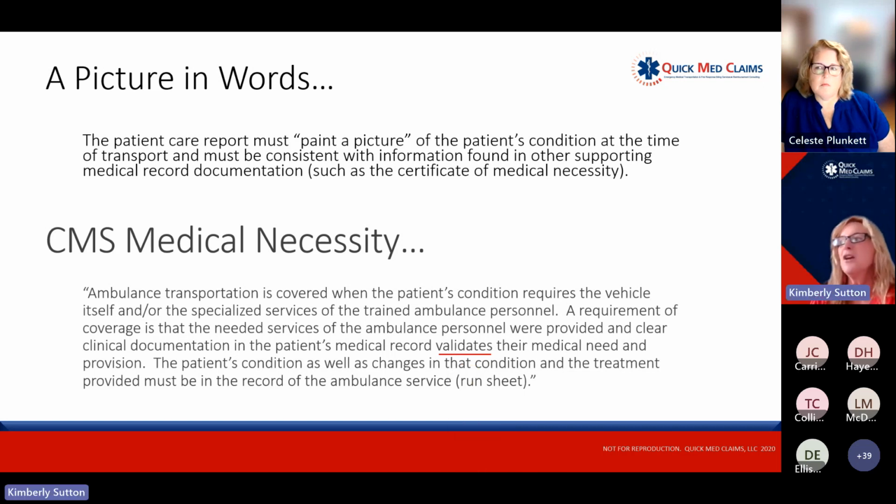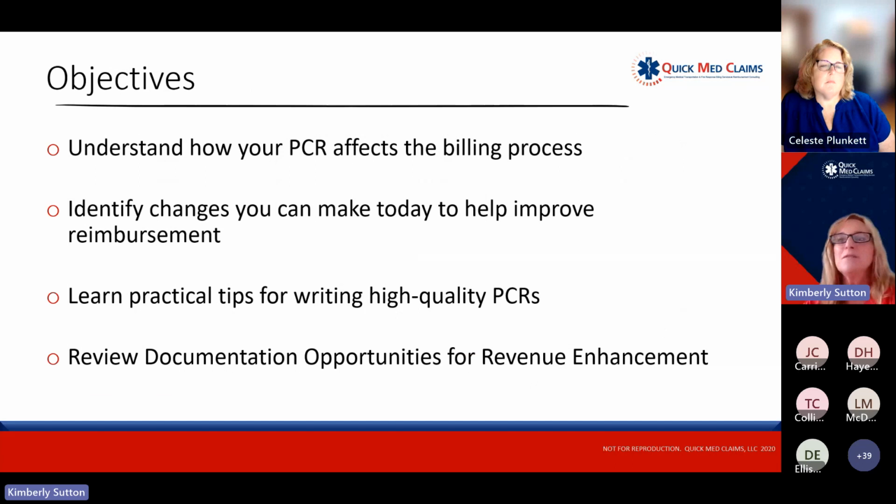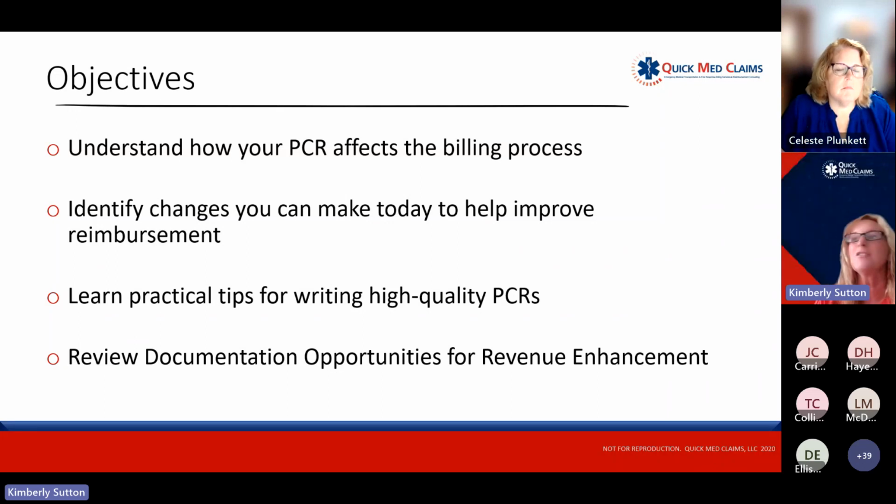That's just a point to let us know that the medical records do validate and need to support medical necessity. Our objectives today, and this is a high overview, are that we're going to look at how your PCR affects the billing process. How does it validate what has actually happened on the transport? Identify changes that you can make today.